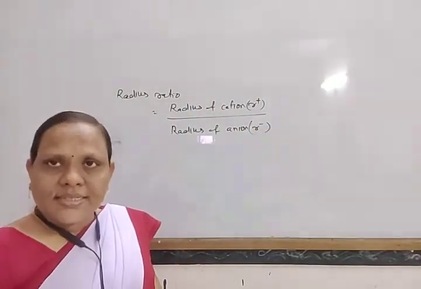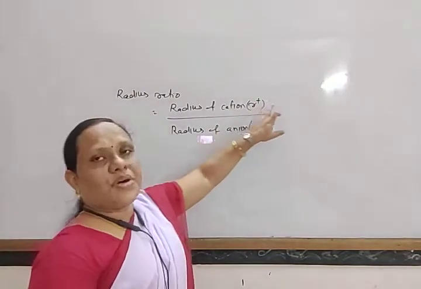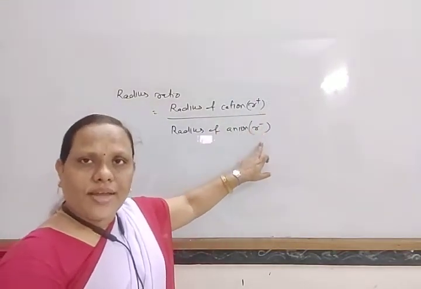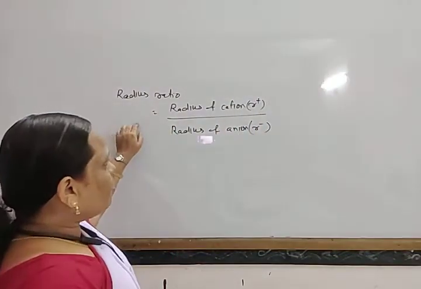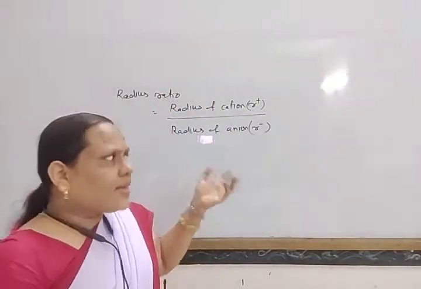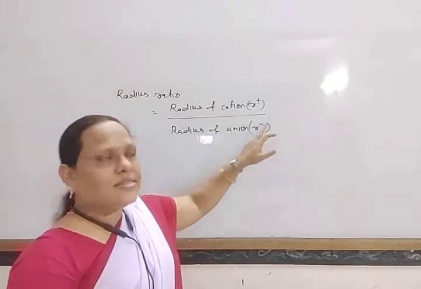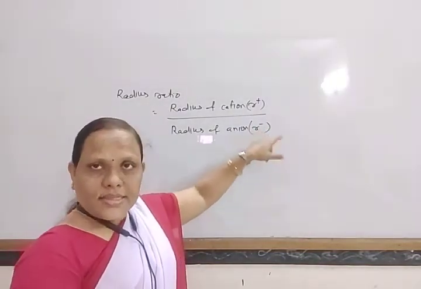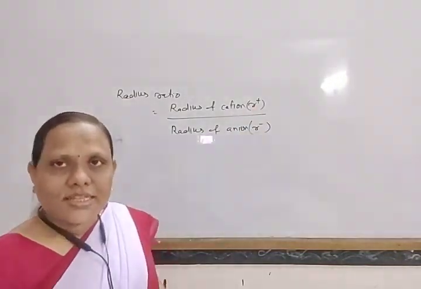Generally in a crystal the cation has a smaller size than that of the anion. So in this way, this has a fractional value.